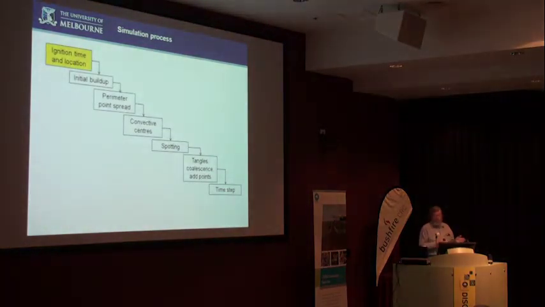So what we do in PHOENIX, the first piece of information we need to know is the ignition time and location. And that will determine initially what the weather's like, what the fuels are like, what the terrain is like. Surprisingly, that's often incorrect if we're using it in an operational sense, and that's our first source of error.